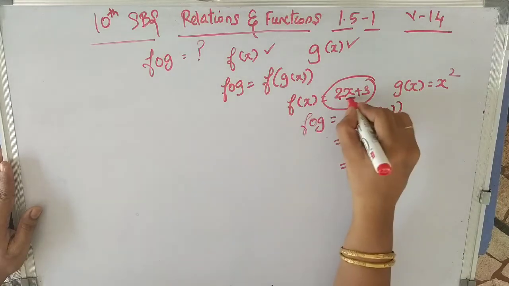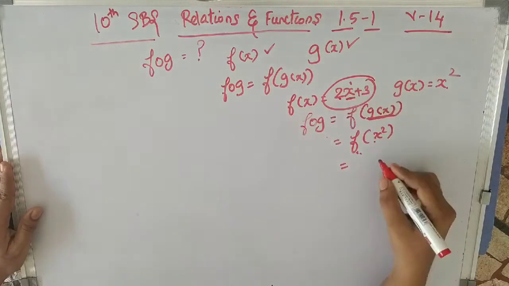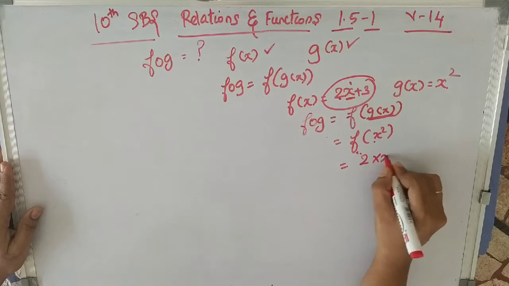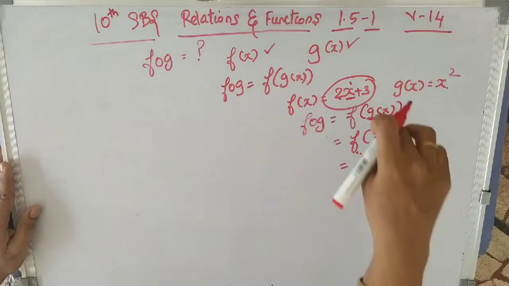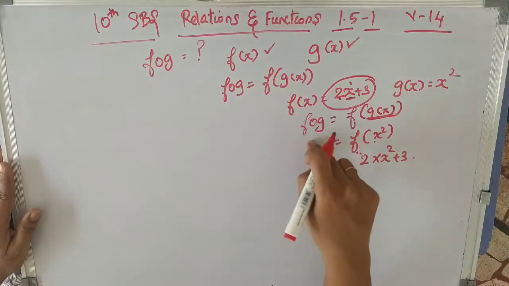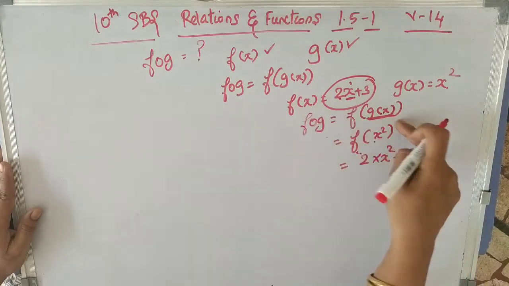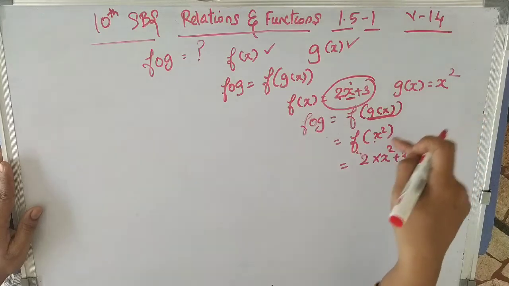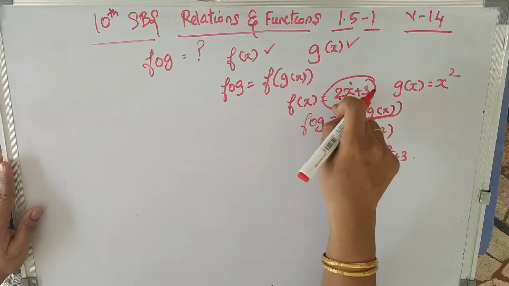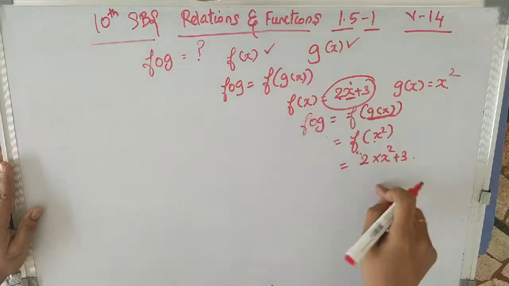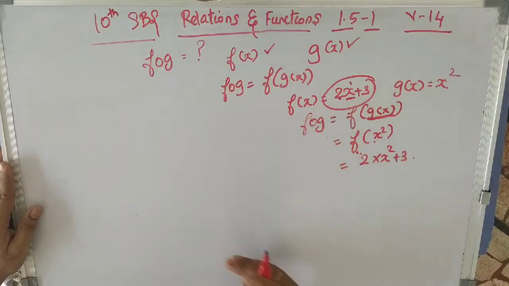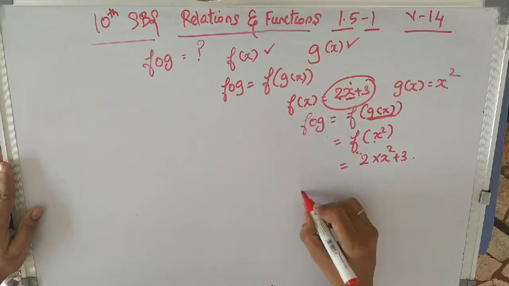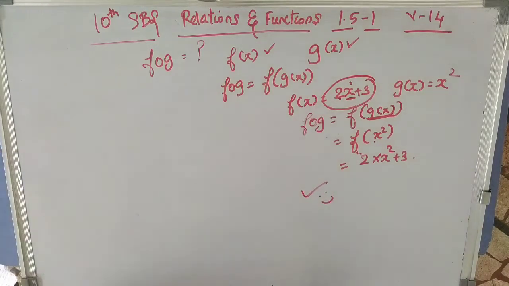In f of x, instead of x, I am going to replace with this x squared. So, 2 into x squared plus 3, which is 2x squared plus 3. This is f dot g. Understood? f dot g is f of g of x. I hope you are getting a slight idea.